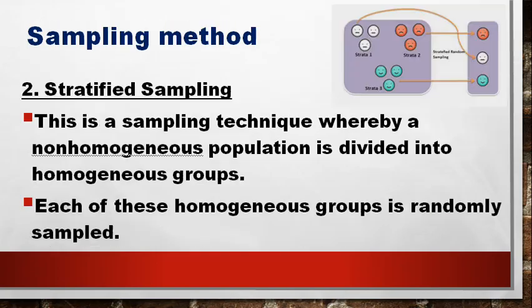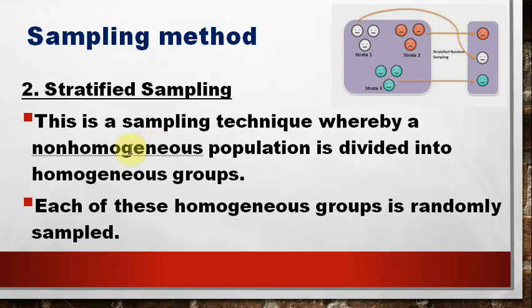The second one is stratified sampling. Stratified sampling has to do with what we call a heterogeneous group, a group that is not homogeneous. Homogeneous is a group that has the same characteristics, the same features.